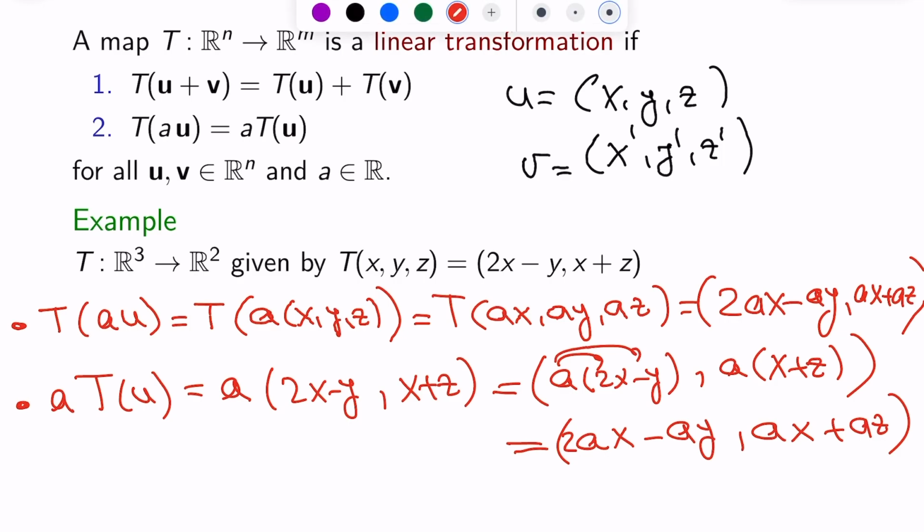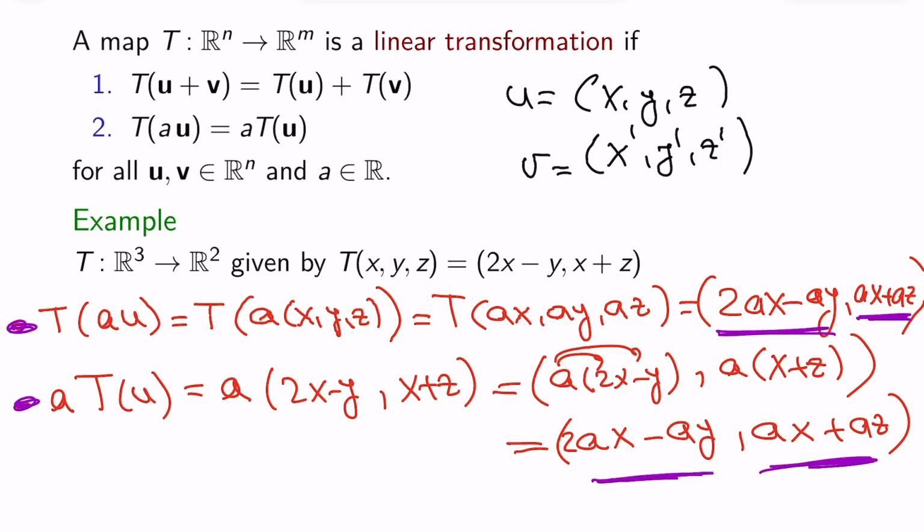And now we compare. So we check that these two things that we obtain here and here are really the same. Well, we can see this first component is exactly this, and the last one is exactly this.